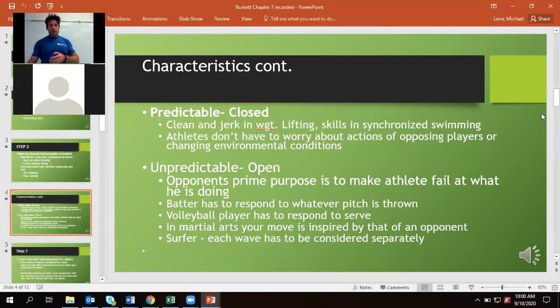Now, when it comes to something like MMA, the skills, your opponent, what they're going to do, it's all effectively unpredictable. Like, yes, you can have information on their typical fighting style, their success in the past, what are the techniques that they tended to use, but that's not going to give you like 100% perfect information as to like, okay, I need to be ready for this, I need to be ready for that. Instead, you have to have your basic plan, but then be ready to modify it rapidly depending on obviously what occurs.